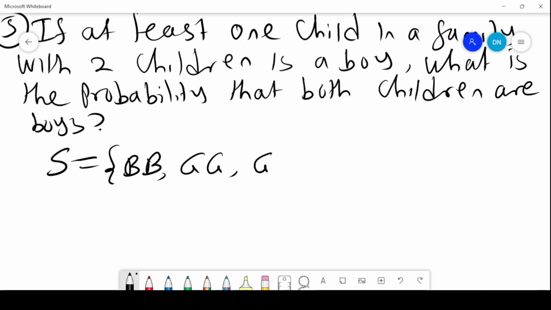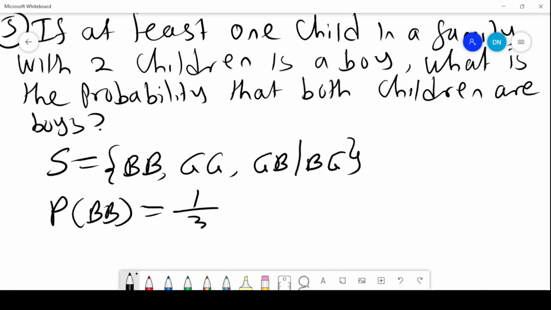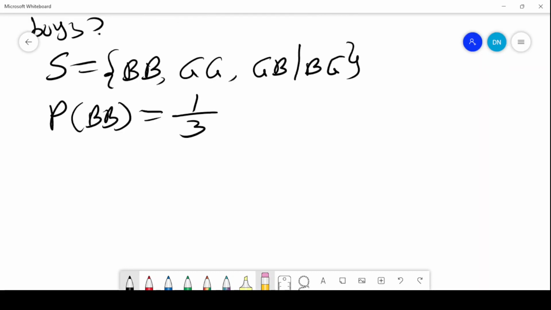We could have the firstborn as a boy and the second one as a girl, or the firstborn as a girl and the second one as a boy. And so we have 3 outcomes. So the probability that both are boys is the probability of that one outcome over the total possible outcomes. Therefore, the probability that both of them are boys is 1 over 3.